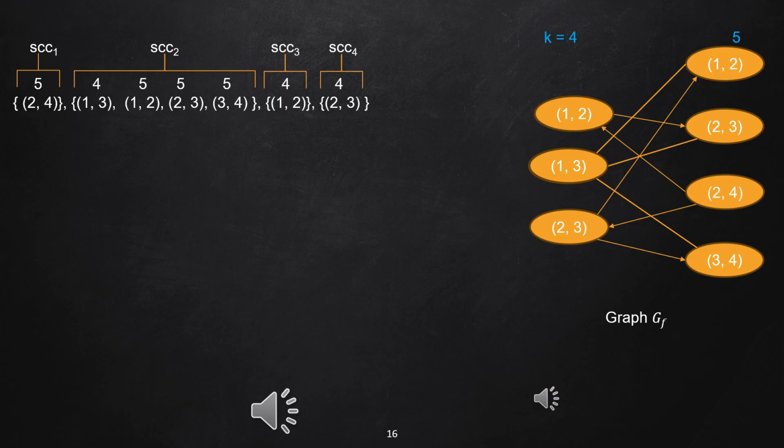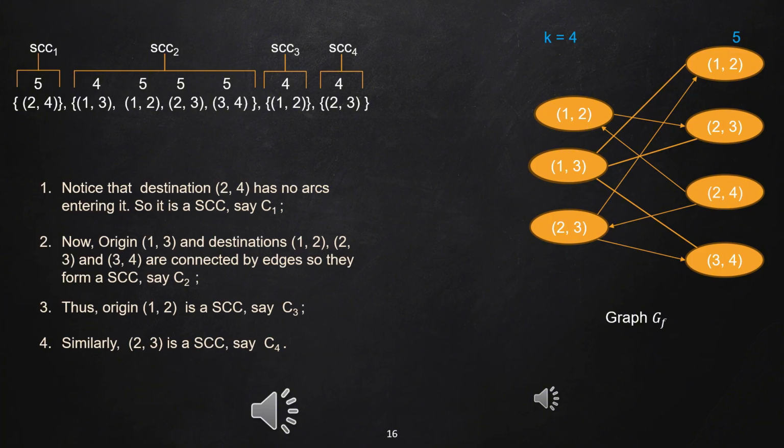For instance, you can go to 1, 3, 1, 2, then come back to 1, 3, and then go to 2, 3, come back, and then go to 3, 4, and come back to 1, 3. That way, all the nodes in this are in a strongly connected component.